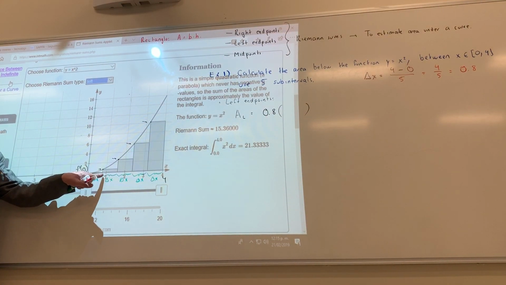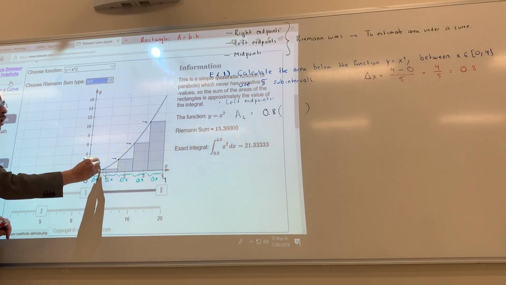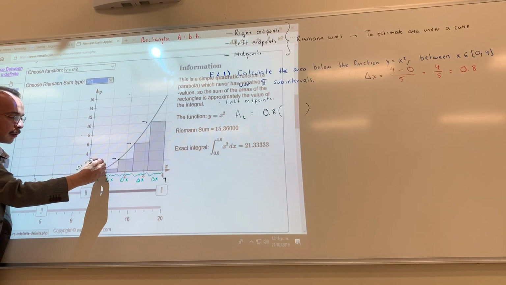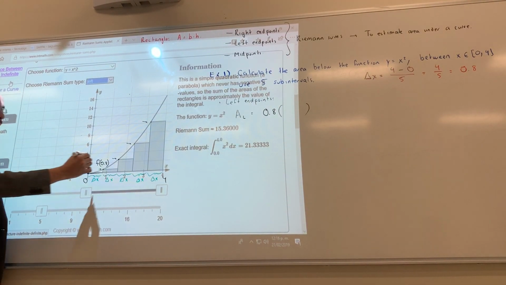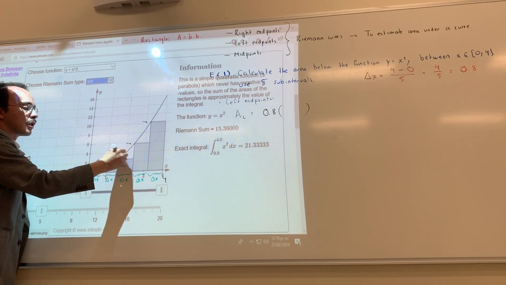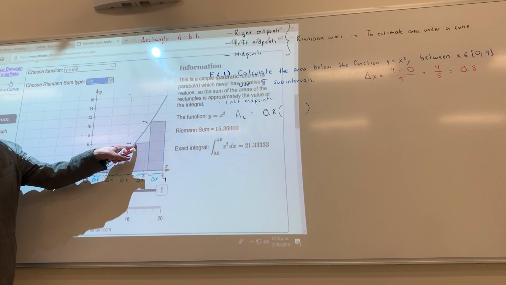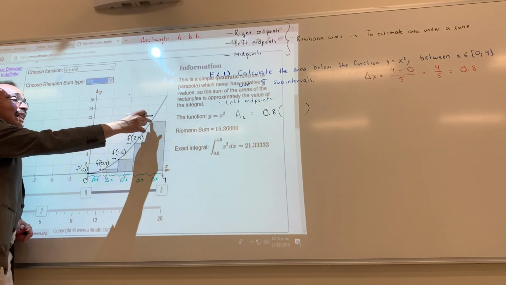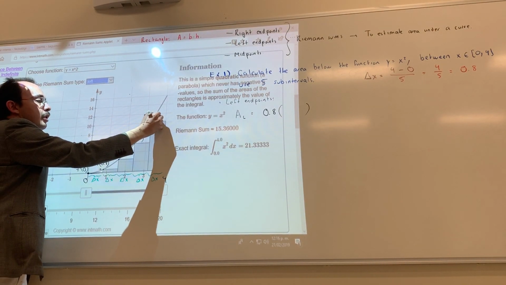How do I get the second value? f of 0 plus what? Plus delta x. That is 0.8. How do I get this one? We add delta x. 1.6. How do I get this one? 2.4. How do I get that one? 3.2.